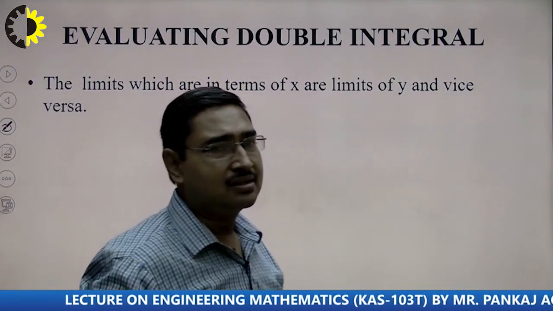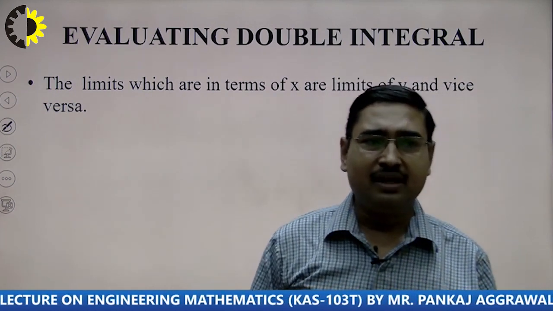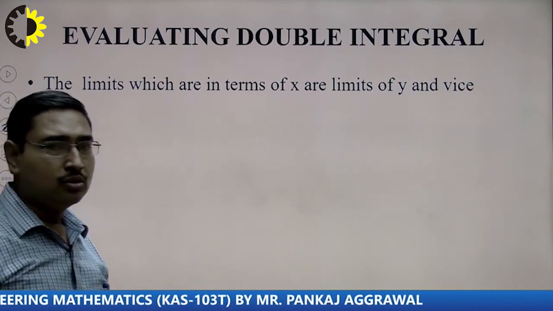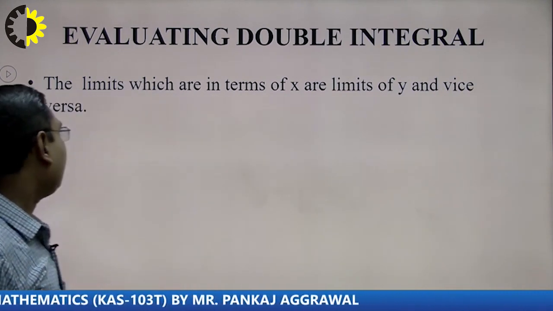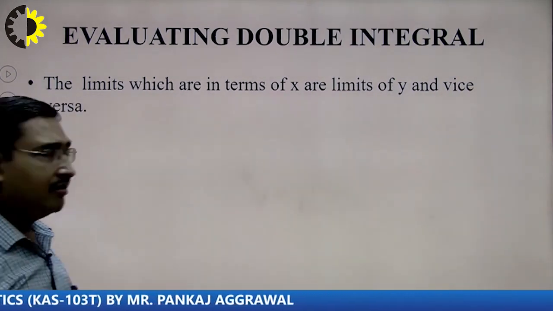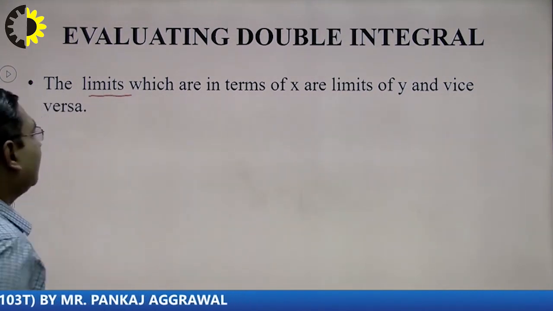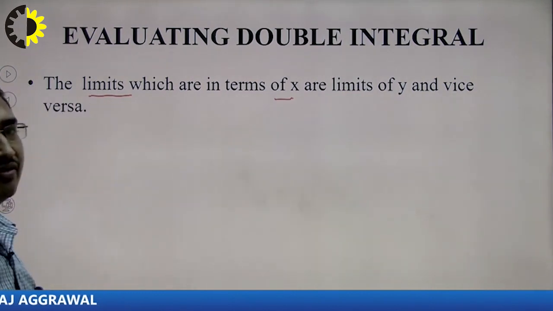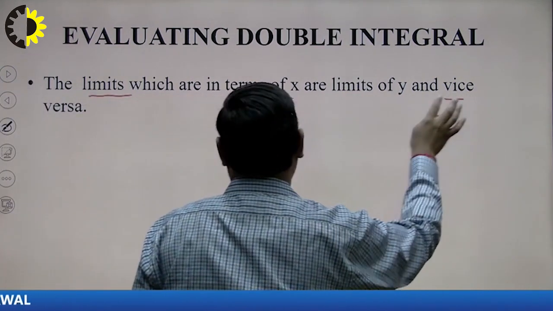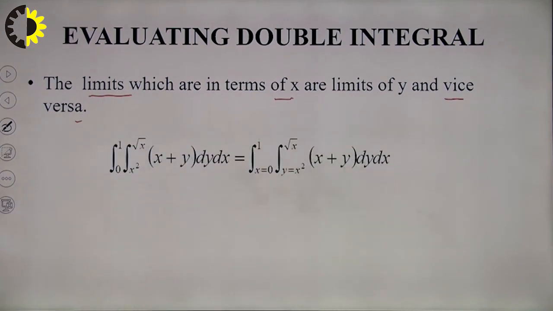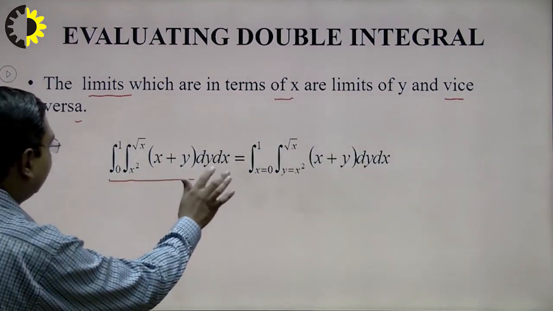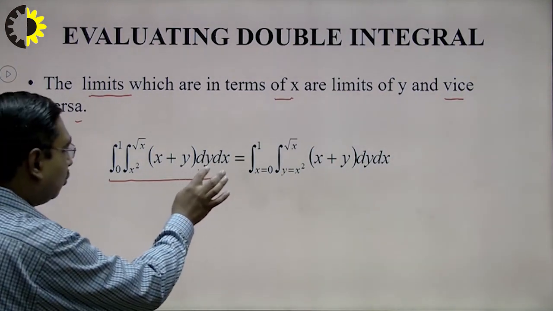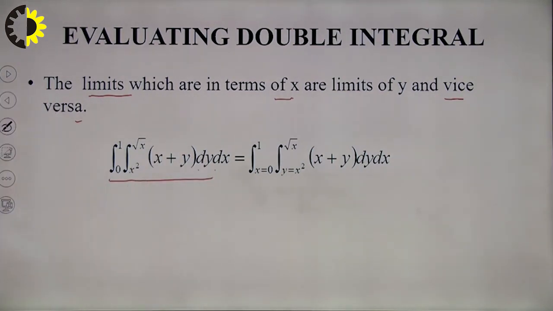Sometimes what happens is that we are given limits, but it is not exactly told what is the variable whose limits these are. In this case, we should know that the limits which are in terms of x are limits of y and vice versa. Thus, if I am given this integral, here we can see that there are two variables x and y.